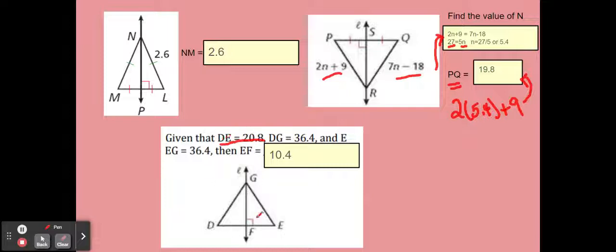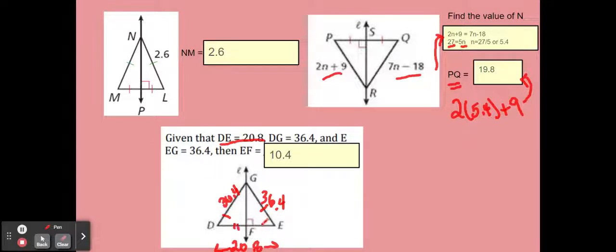So DE equals 20.8. That's the big segment here, the whole base. DG is 36.4. EG is 36.4. So notice because DG and GE are congruent, same measurement, that means they're on the perpendicular bisector.